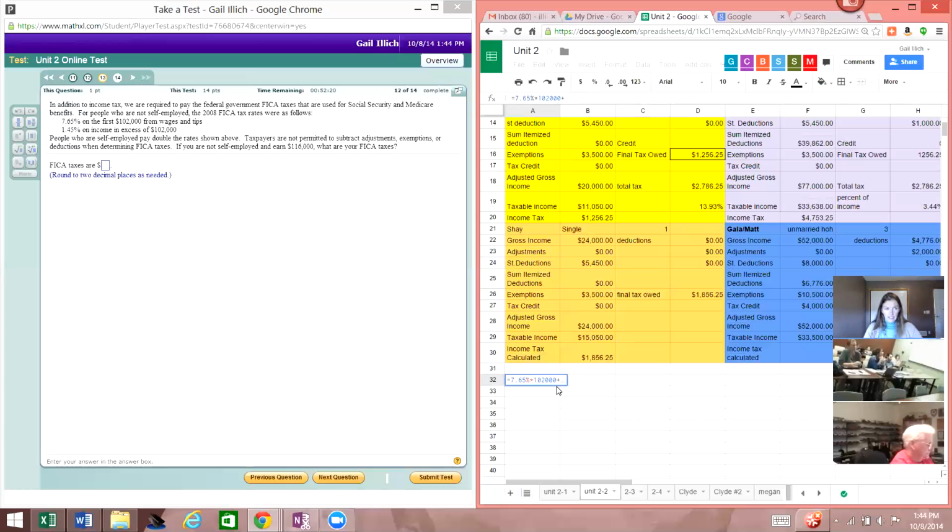And then they're going to add 1.45% for the amount beyond 102,000, which in this case is $14,000 because they made 116,000. Is that okay? Do y'all feel okay with that? I just think that's easier than going through and building a calculator. Are y'all okay? Yeah, no question.